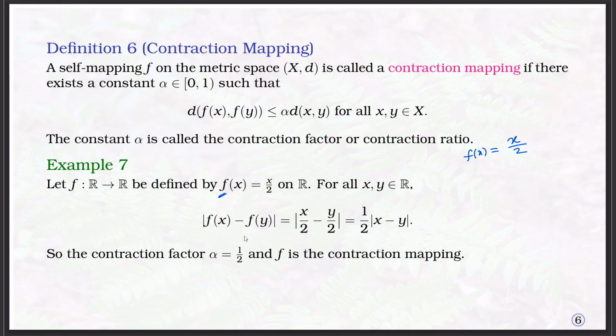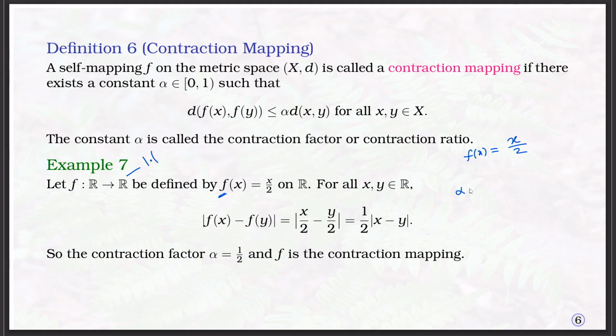So f of x and f of y can be written as the modulus of x by 2 minus y by 2. We take the modulus because we are taking the usual metric. Then if you take 1 by 2 out, it is 1 by 2 times the modulus of x minus y.